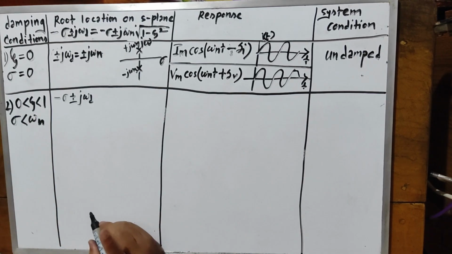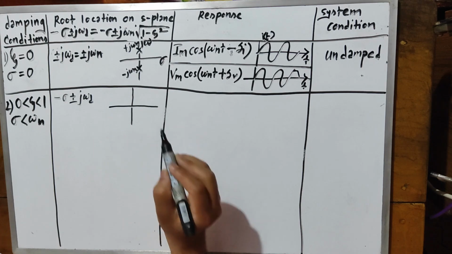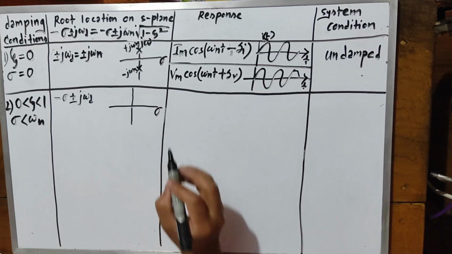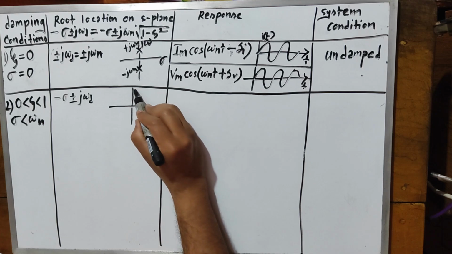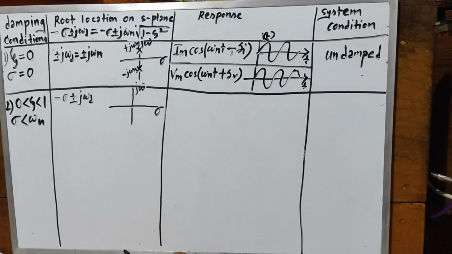Everything exists. Now the root location: the real axis is the Napier frequency axis, and the imaginary axis is j omega, the natural frequency axis.